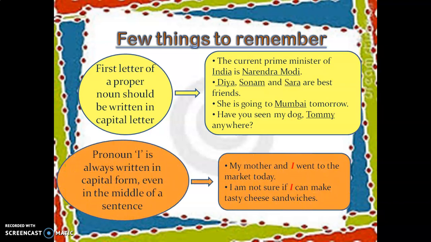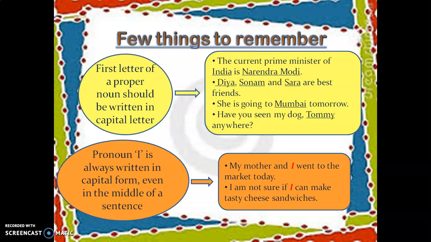Now, the one other thing which you need to know is pronoun I is always written in capital form, even in the middle of a sentence. For example, my mother and I went to the market today. Here, I is pronoun and it has been used in the middle of the sentence.